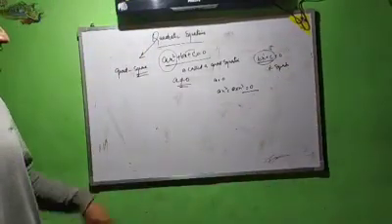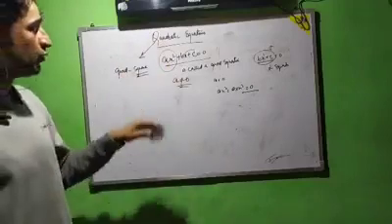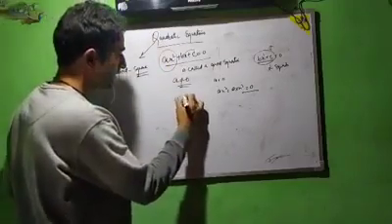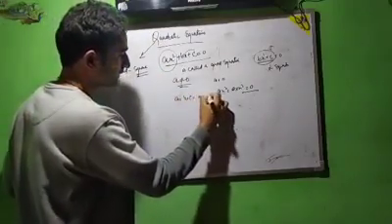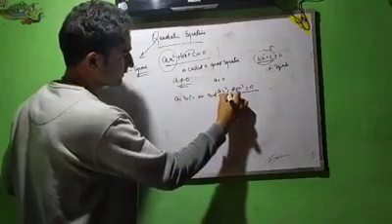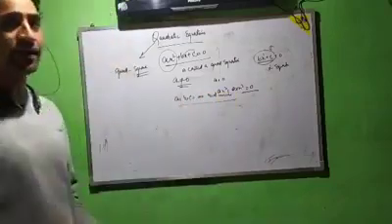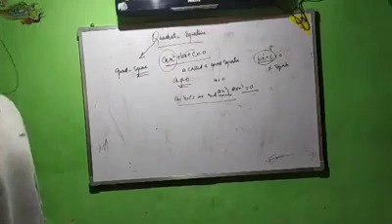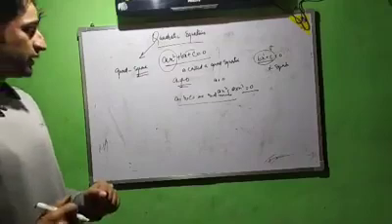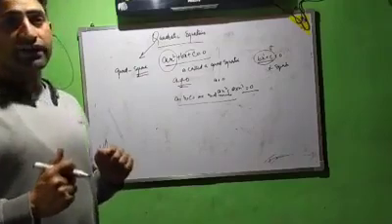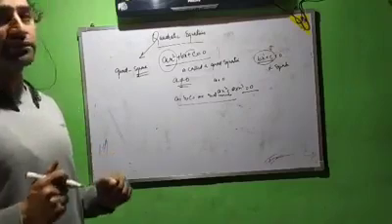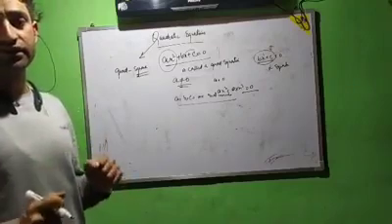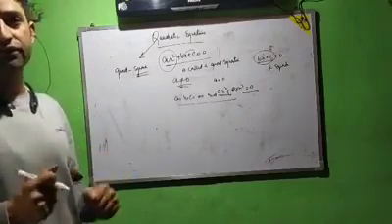So the condition is that a should not be equal to 0, where a, b, c are real numbers. A real number is a number that can be placed on the number line. The number line is a collection of various points like natural numbers, whole numbers, rational numbers, irrational numbers, decimals, fractions.